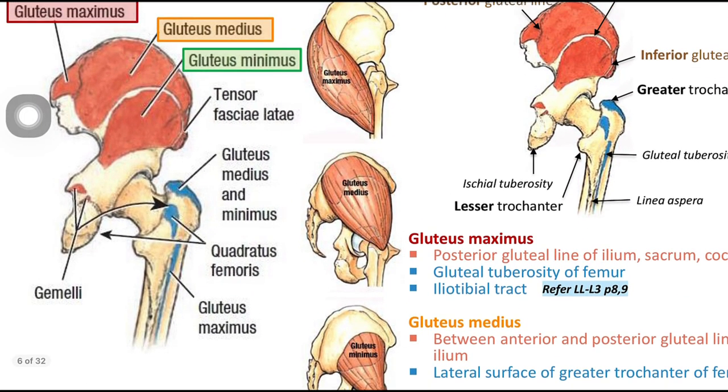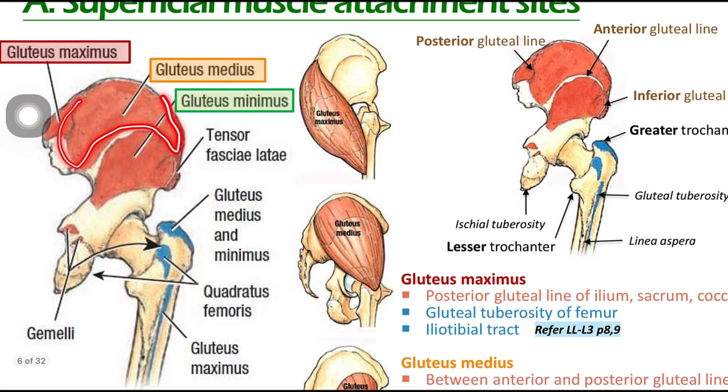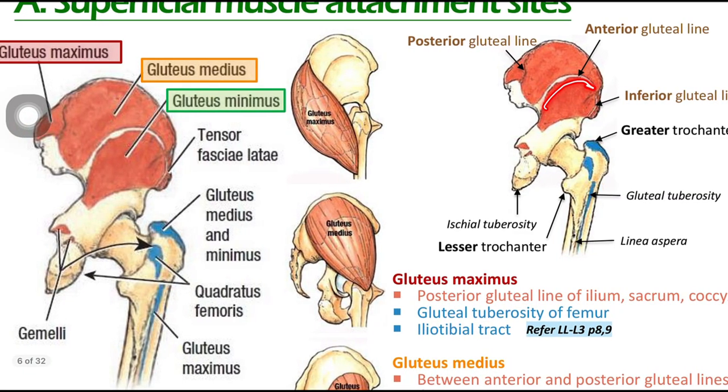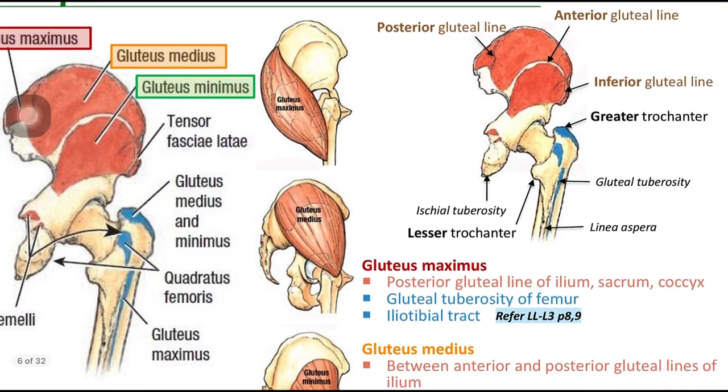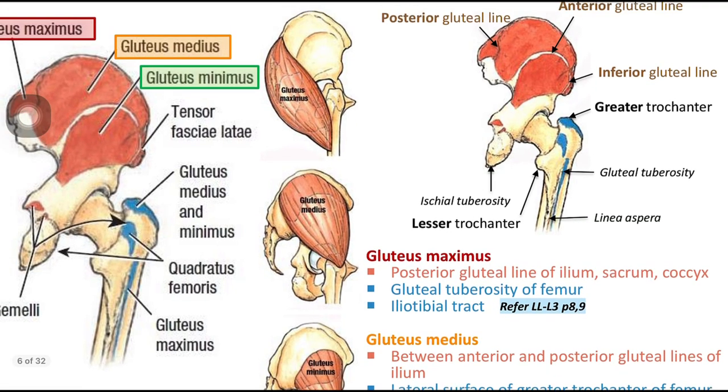Here is the gluteus medius, okay? So for the gluteus medius, we can see these are the proximal attachment sites. We say that it arises from the anterior and also the posterior gluteal line, and then it inserts into the greater trochanter, same as the gluteus minimus.